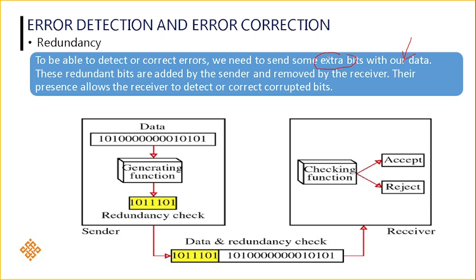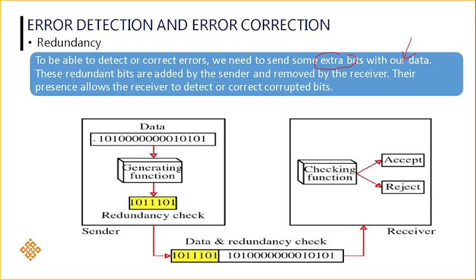Those extra bits we call redundancy bits. After detecting the errors, or if there are no errors at the receiver side, those extra bits we added at the sender side will be removed. We are not considering them as the original data. We are just adding those extra bits at the sender side in order to identify the errors at the receiver side. Okay.